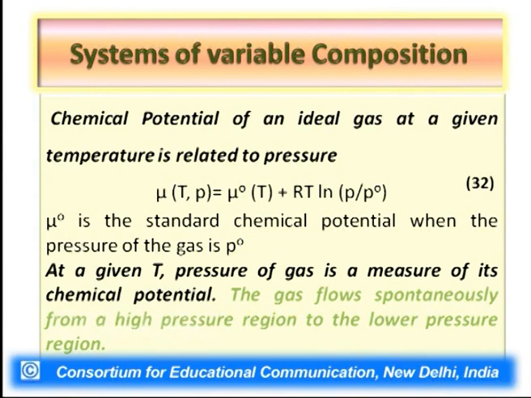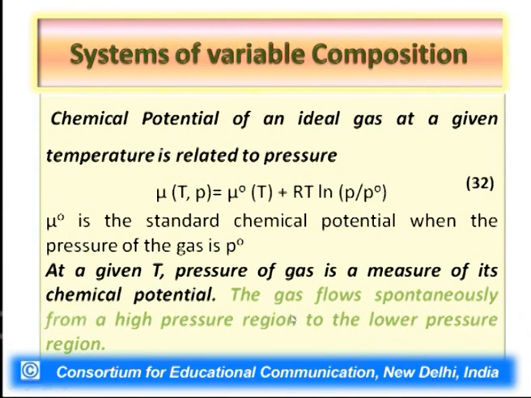Now the gas, we have seen, flows from a region of higher chemical potential to a region of lower chemical potential, but we have already seen that chemical potential is directly related to the pressure of the gas. It increases with increase in pressure.